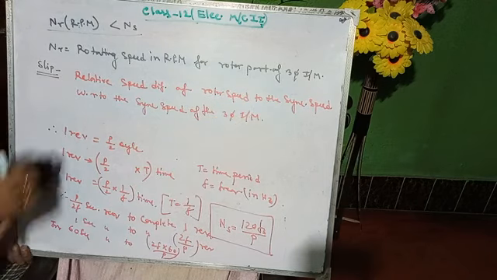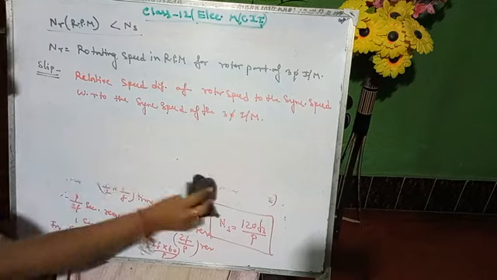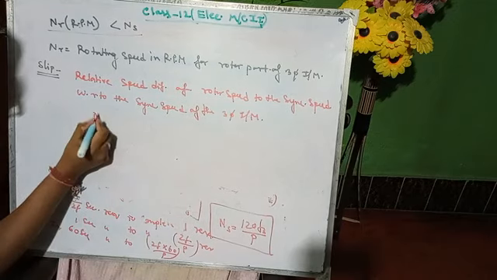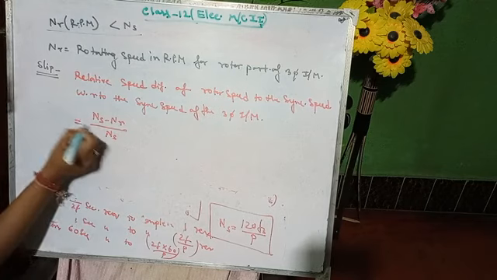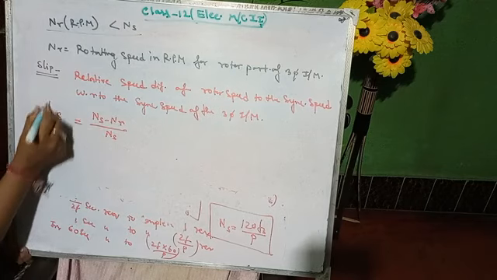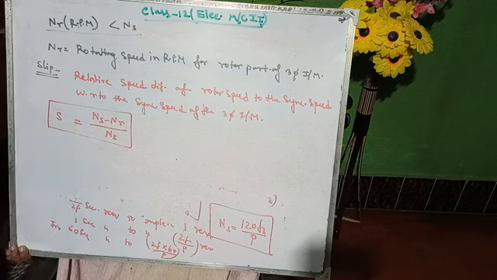So this is the concept of slip. That means the difference Ns minus Nr, divided by Ns, with respect to the synchronous speed, equals the slip s. So s equals Ns minus Nr by Ns.